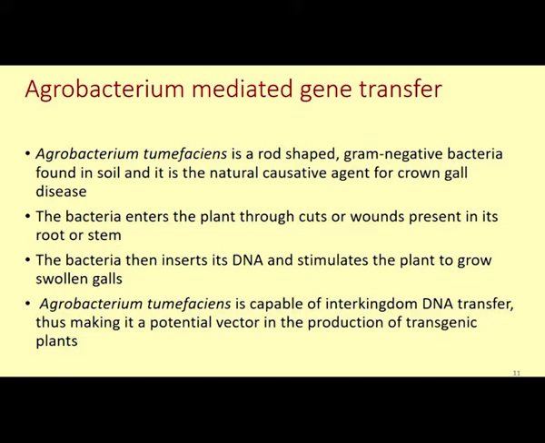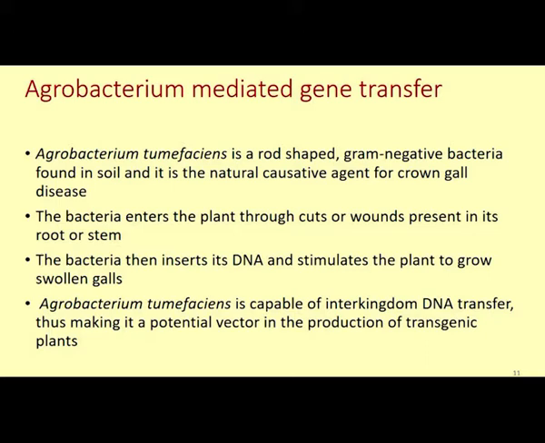The other methodology which is normally used for plant transformation is agrobacterium-mediated gene transfer. Agrobacterium tumefaciens is a rod-shaped gram-negative bacteria found in the soil, and it is the natural causative organism of crown gall disease.